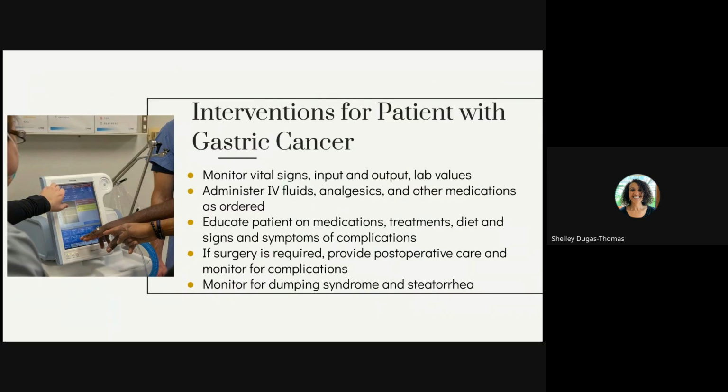Special attention to post gastrectomy complications like dumping syndrome, as well as steatorrhea, which is like the fatty oil based stools, reflects the significant impact of surgical treatment on the digestive function.